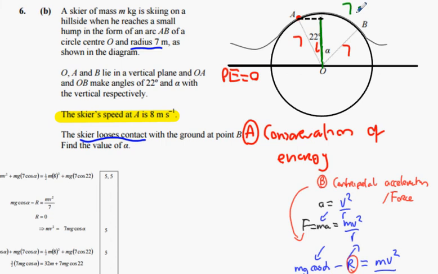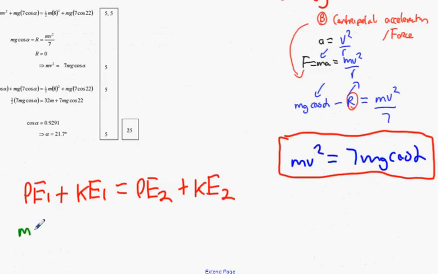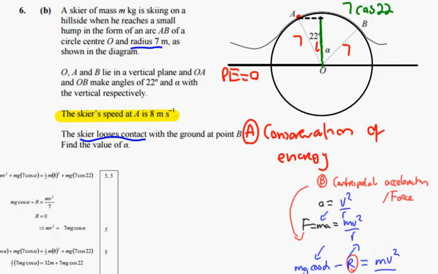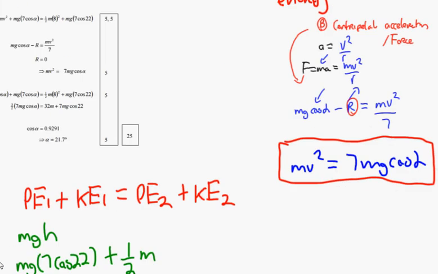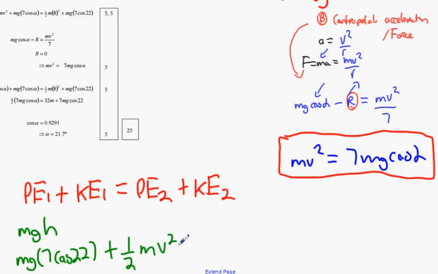Exactly. 7 cos 22 degrees, yeah? So, 7 cos 22. So, mgh, mg 7 cos 22, plus kinetic energy, a half mv squared. What's your velocity at point A? 8. So, a half mv squared, which is a half m times 8 squared.